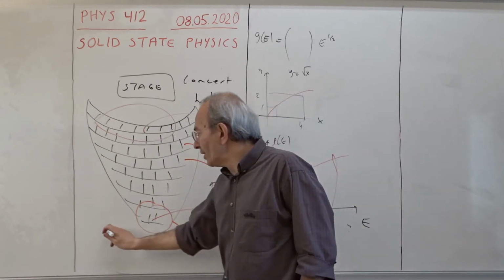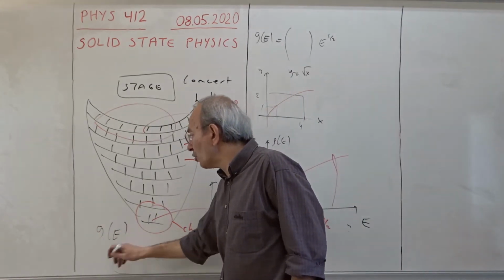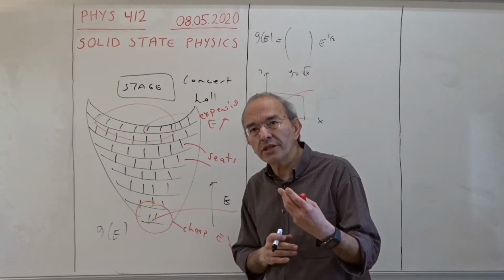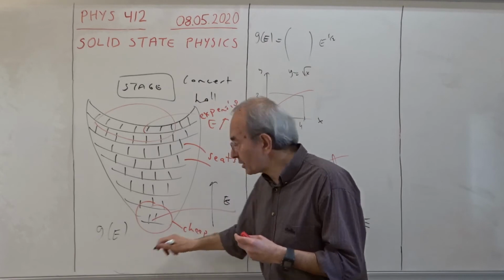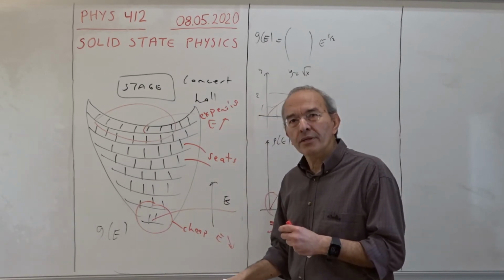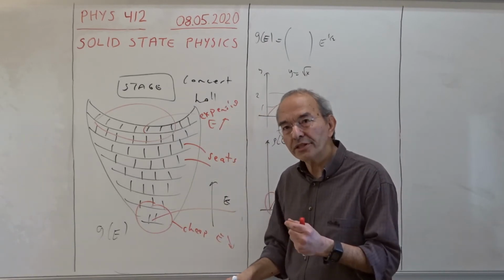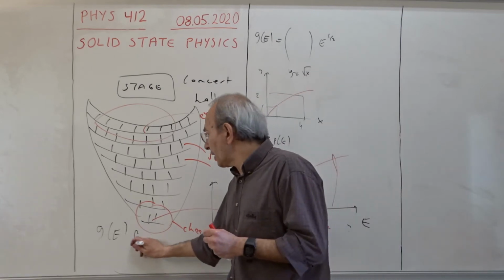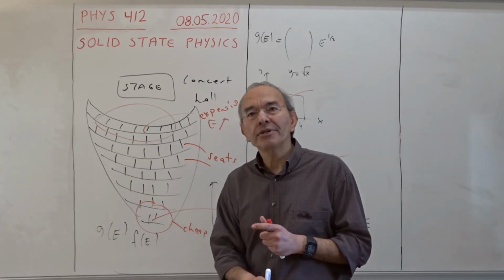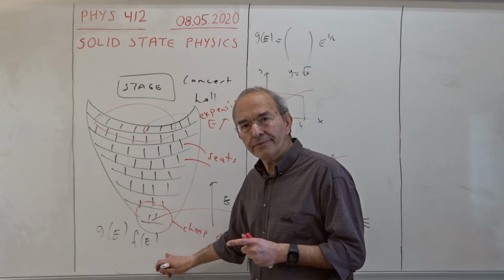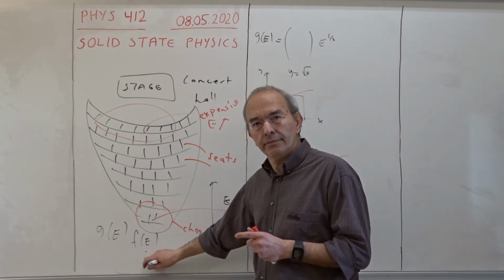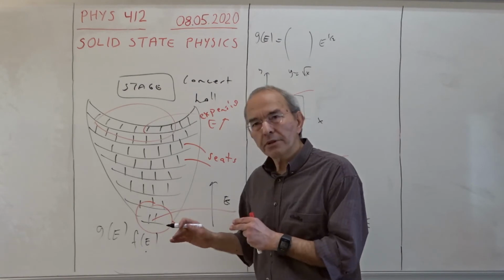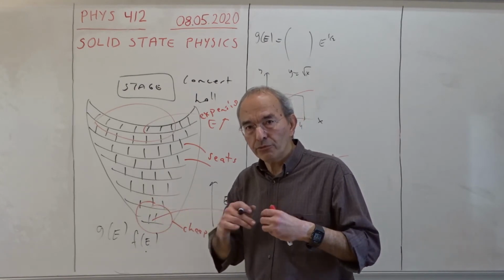So one side of the story is G of E, the change in the number of seats allowed as a function of energy, just like the price of the ticket. The other part is the F of E, the Fermi-Dirac distribution, which gives us the probability. Let's consider this one separately, and then we will join them in an integral.